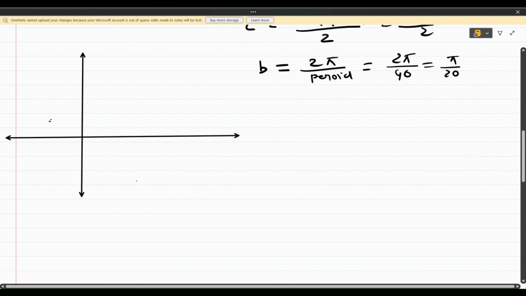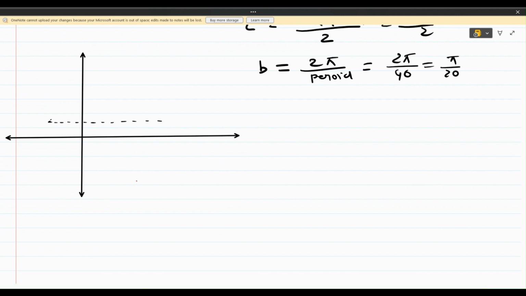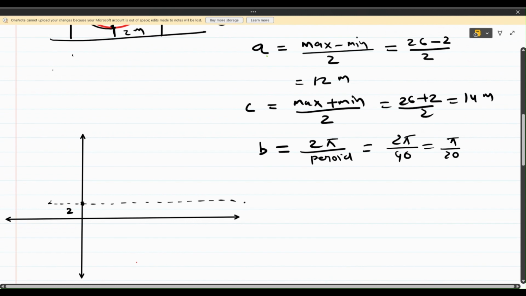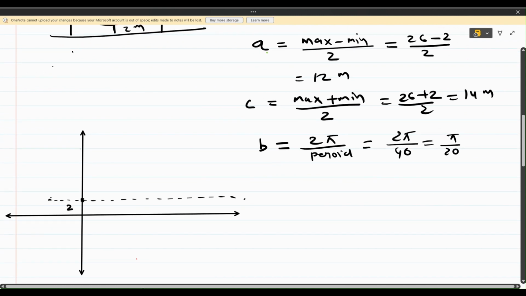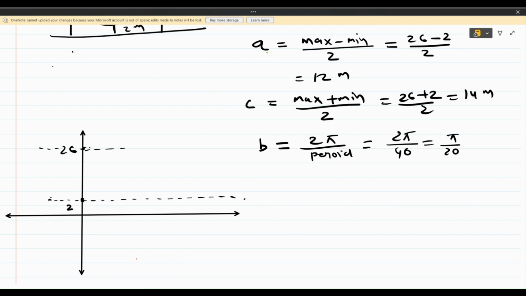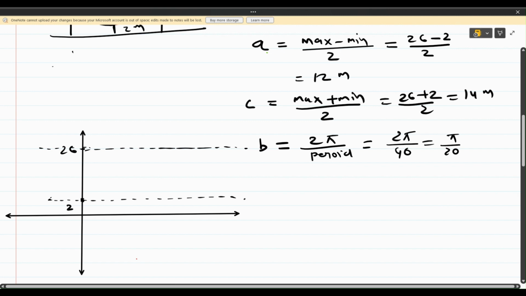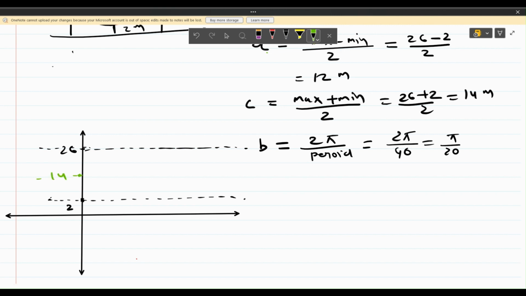The Ferris wheel is 2 meters above the ground at the start, so let's take the point 2 here. Its maximum height, its top, is at 26 meters above the ground, so let's take 26 here. And its equilibrium line is at 14, so let's take 14 meters here.